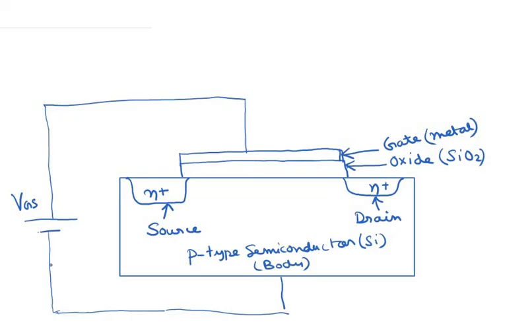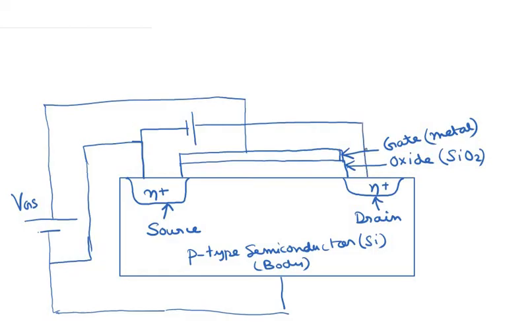Okay, and we short this source to the body, and this is the most common configuration where the source is shorted to the body. Again, generally but not always. Okay, and we put a potential difference between the drain and the source, and we call this battery VDS.